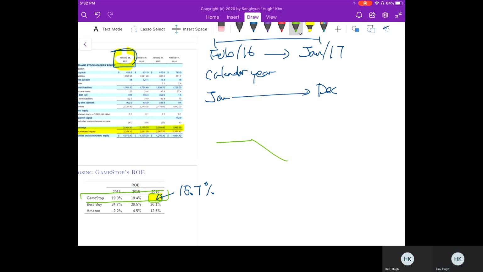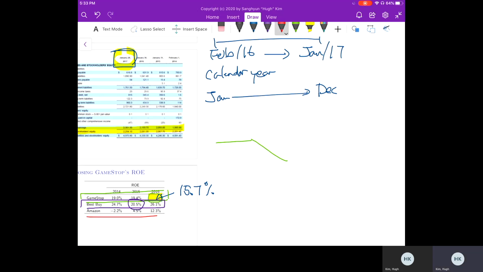That doesn't seem very good. Which sort of makes it worse is that Best Buy's ROE seems to have improved in 2016, from 20.5% to 26.1%.